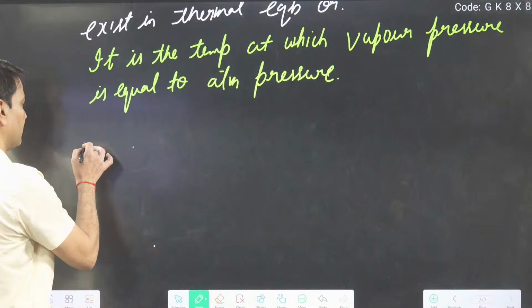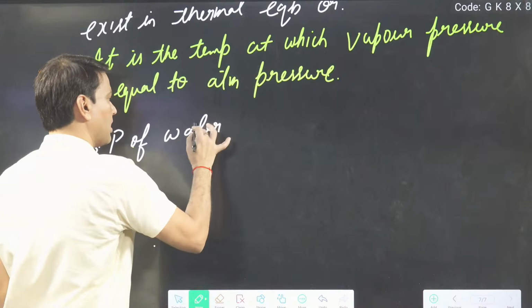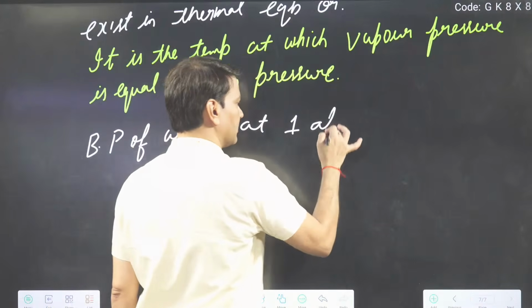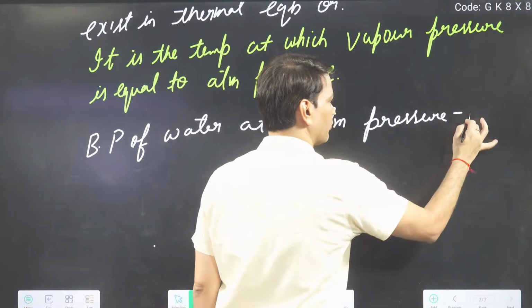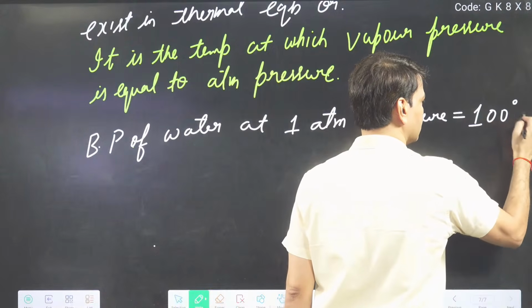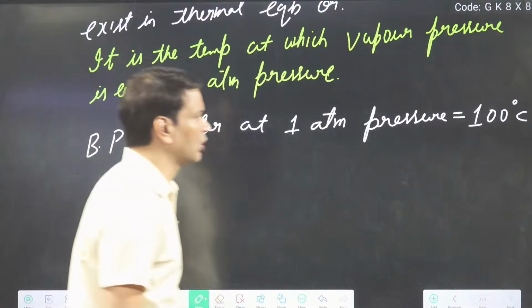So I can say the boiling point of water at 1 atm pressure is equal to 100 degrees C. So that is called the normal boiling point. What is the normal boiling point?